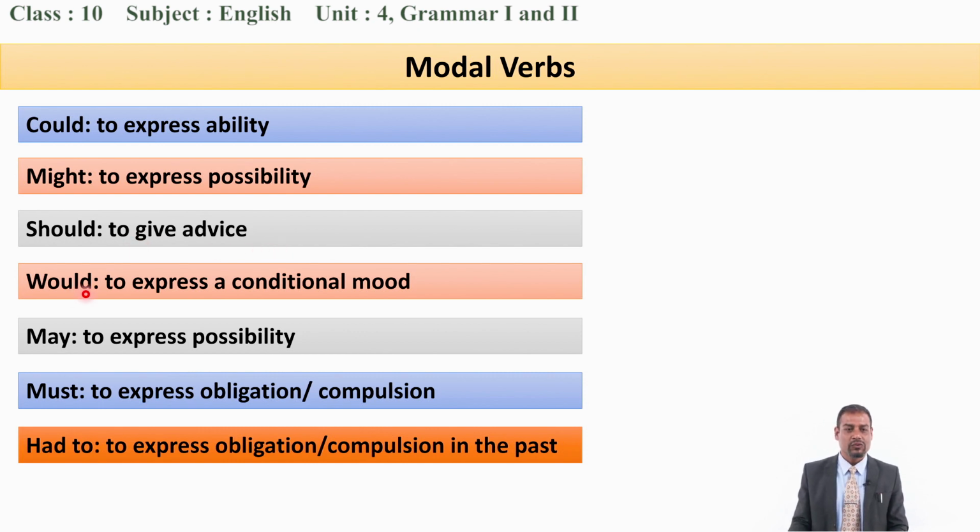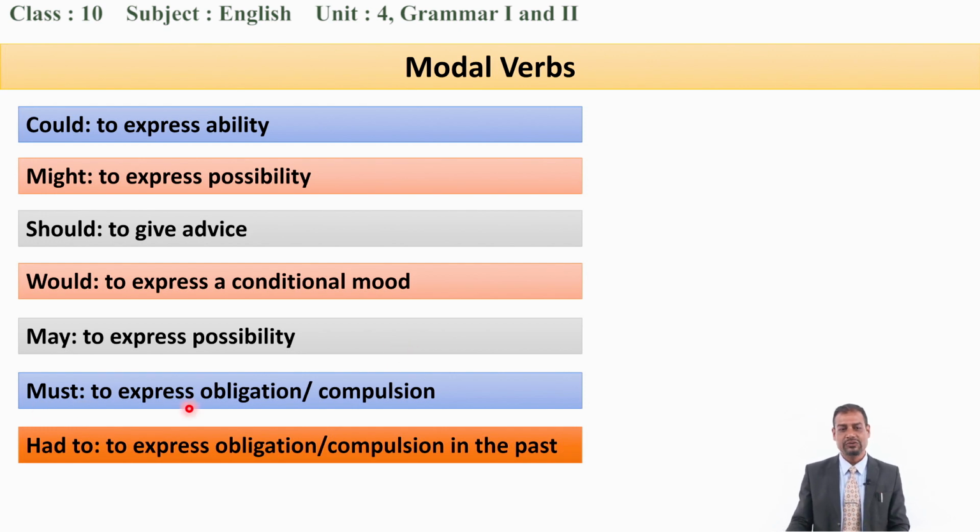Now would. Would is used to express a conditional mood. And we have may there in the story, and based on the story, may is again used to express possibility. And again we can use may for making a request also. For example, you can ask your teacher, sir, may I go out, but here we are based on the story. Okay, so may is used to express possibility.